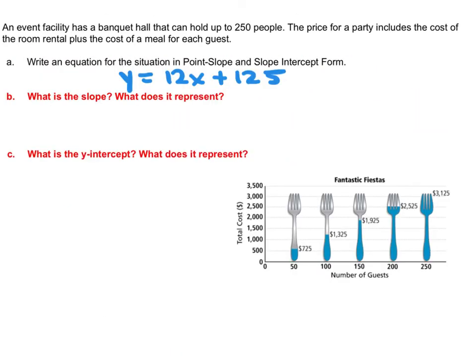Now the next part of the problem asks, what is the slope? Given what we got on the previous slide, remember that we always write our equations in the form y equals mx plus b. So in this case, the slope is this value of 12.